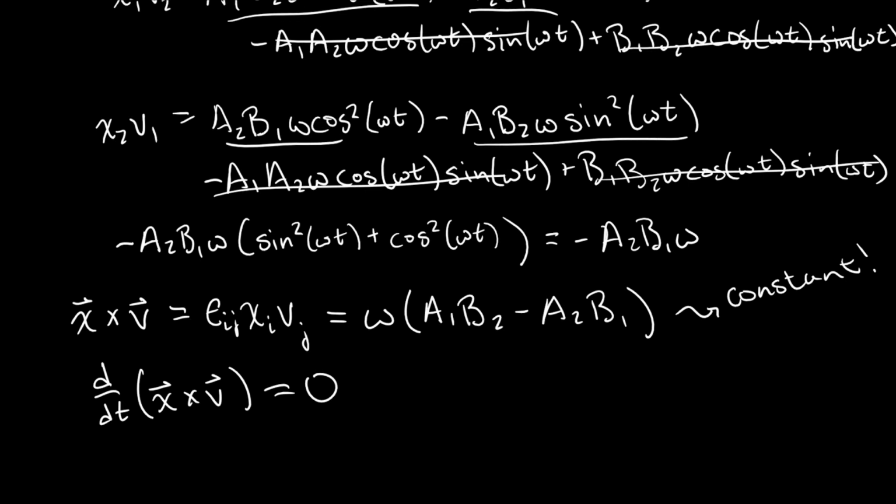Since we were able to get a constant out of something which is pretty general, it feels like something deeper might be going on. So let's try to explore this a bit more and see if something deeper is happening.